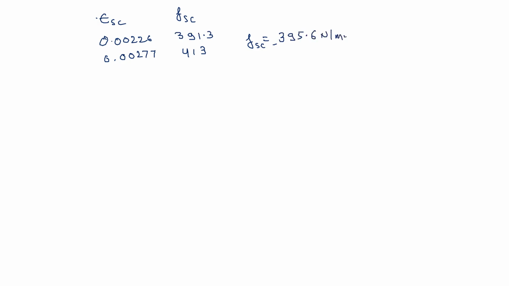We can write epsilon SC and FSC, and if we go with the values 0.00226, 391.3 and 0.00277, 413, and calculate the value of FSC, we get 395.6 Newton per mm square.